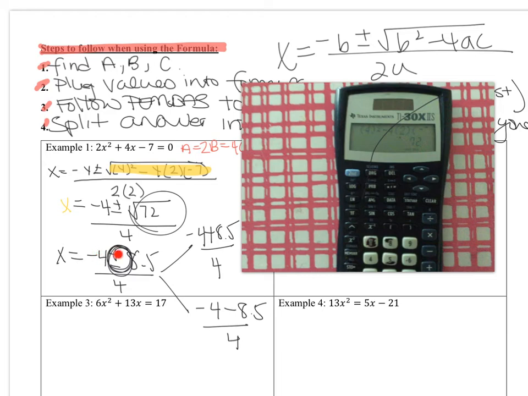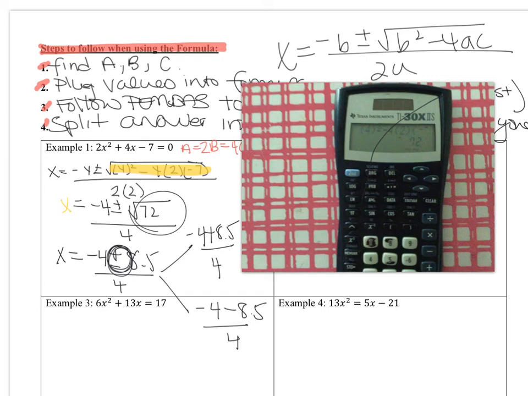Remember, I get 2 answers because my exponent is squared. So in my calculator, I'm going to do negative 4 plus 8.5, enter, divide by 4.